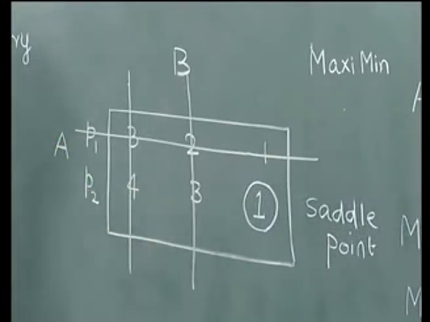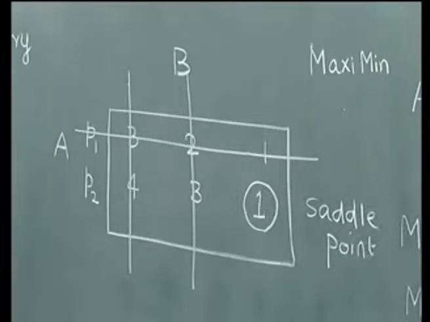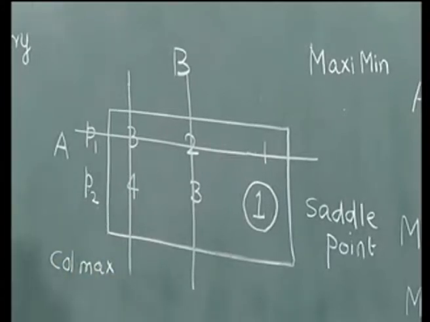Now, there is another way of identifying whether there is a saddle point or not, and that is done as follows. Here, always find the column max, because A would like to see what is the column max for every column.